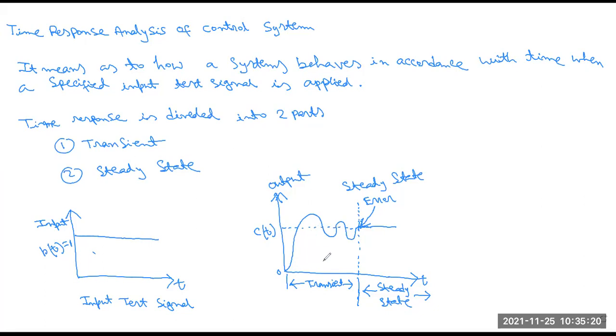With the transient time response, we measure the speed of the system, and with the steady state response, we measure the accuracy of the control system. So these are basically the time response analysis. Okay, is it clear to all of you? Any doubts? Please ask me.